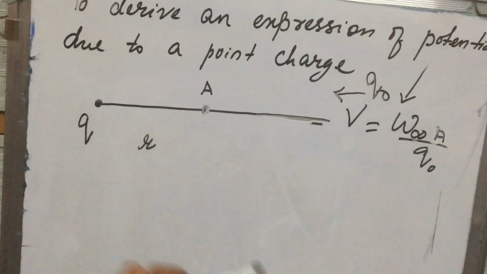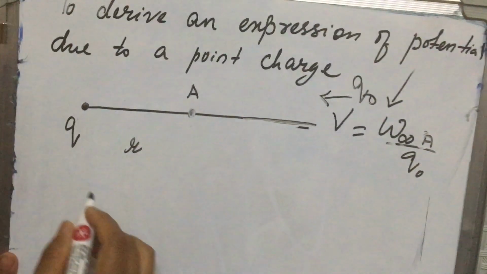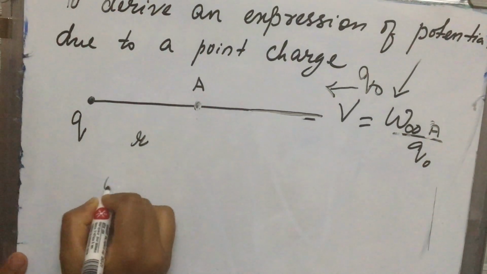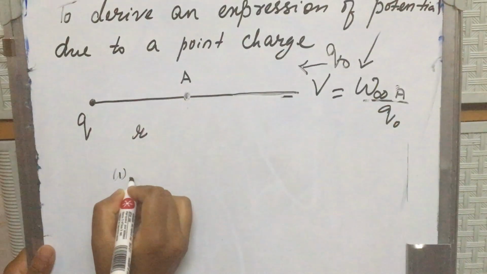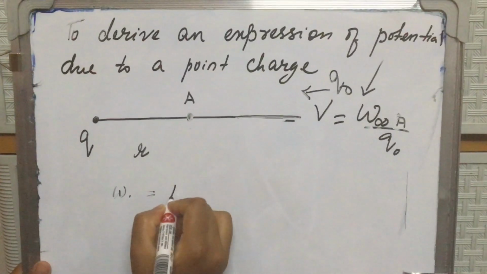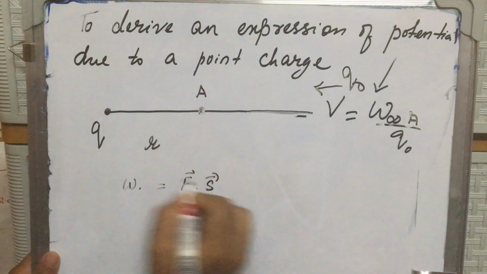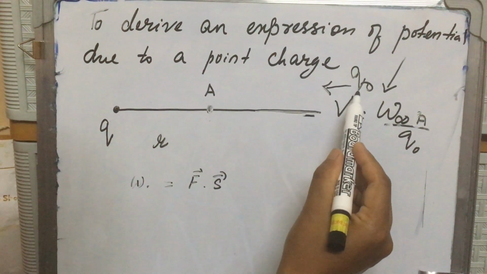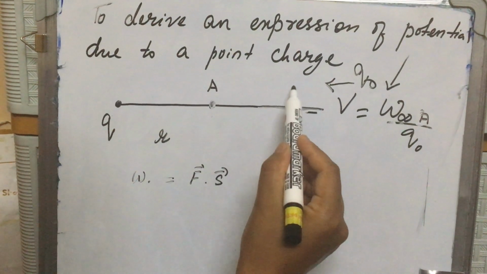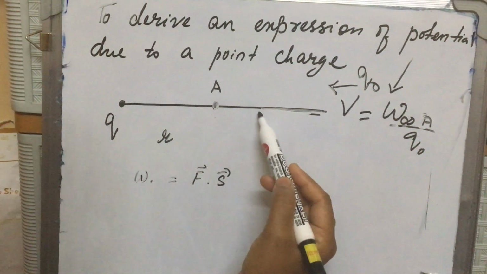It looks simple, but one thing. We know that work done is force dot displacement, right? Now as the test charge is being moved from infinity to some point, is the force a constant force?